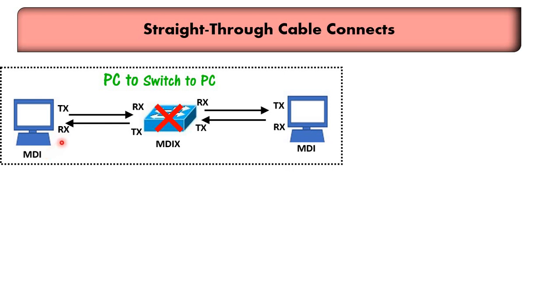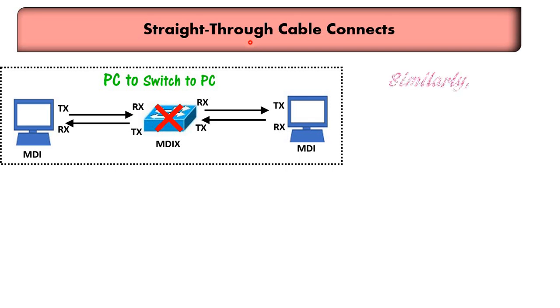What the PC sends on its transmitting wire, is received by the switch on its receiving wire, when the switch transmits on its transmitting wire, and it is then received by the other receiving RX wire. Therefore, when a switch is connected to a PC, it can simply use a straight-through cable.